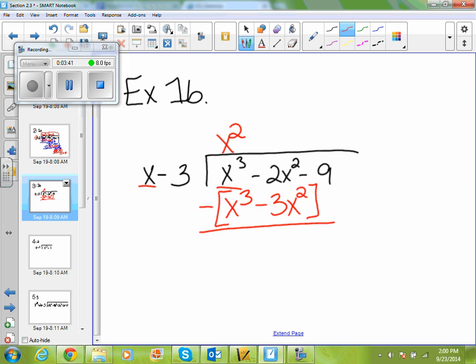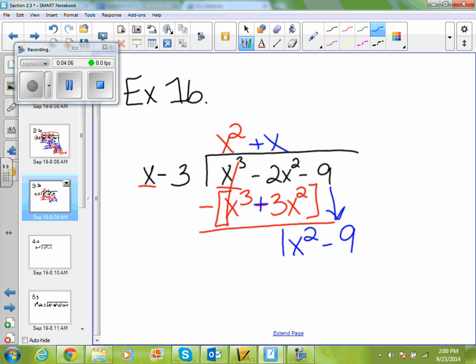So x cubed minus x cubed cancels. Negative 2x squared minus negative 3x squared: minus a negative actually becomes a plus. And so this would become 1x squared. Then we bring down our minus 9. X goes into x squared, positive x times.